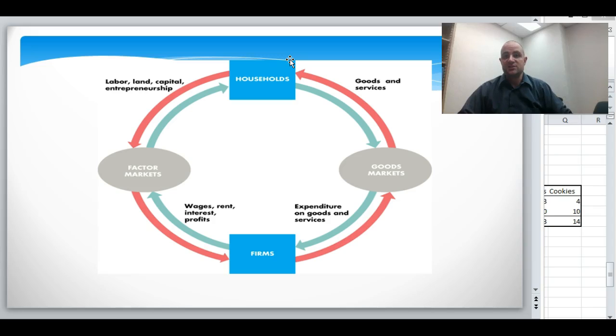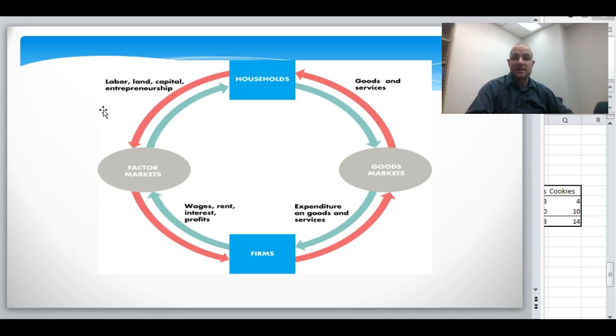In exchange, the households bring money into the goods market, and that money goes via expenditure on these goods and services to the firms. Now, how do these households get their money? We talked about this a little when we discussed the factors of production. For firms to make these goods, they need labor, land, capital, and entrepreneurship.